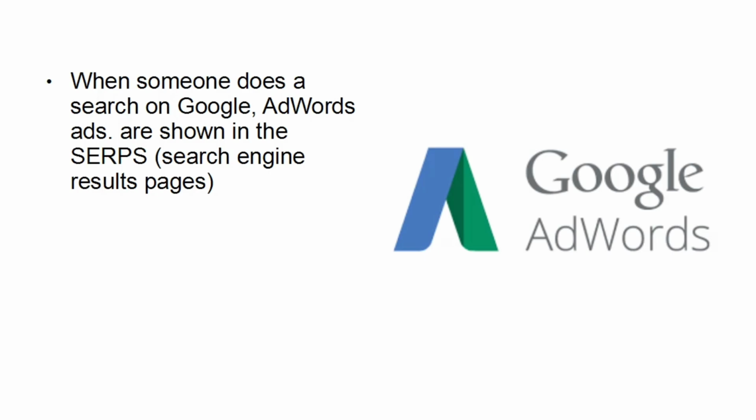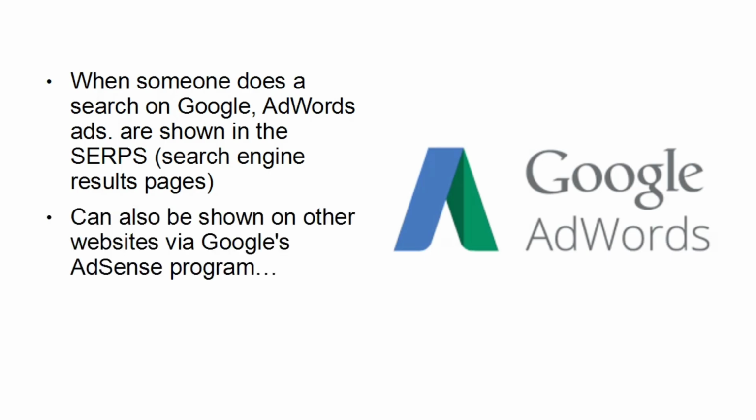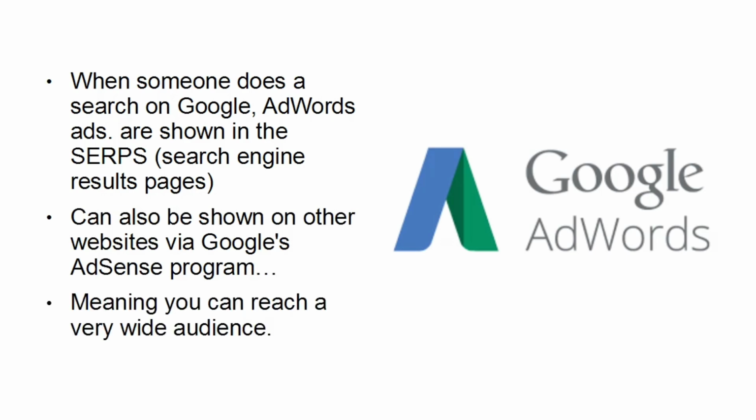And you can see they usually say ads or sponsored results. And you can also show an ad on somebody else's website via Google's AdSense program, meaning you can reach a very wide audience with Google AdWords.